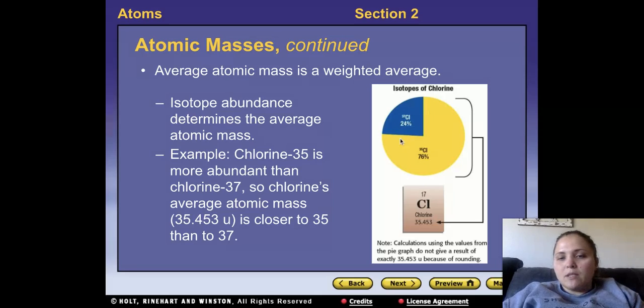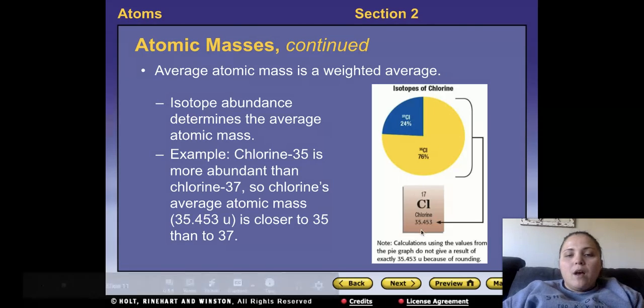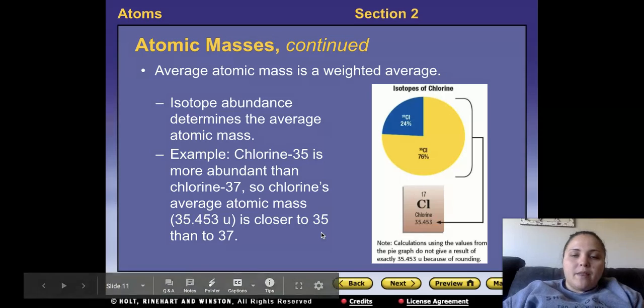That means 76% of the time, if you have a sample of chlorine, it's going to be chlorine 35. 24% of the time, it might be chlorine 37. Using some math, you can calculate the average atomic mass, and it will come out to 35.453.